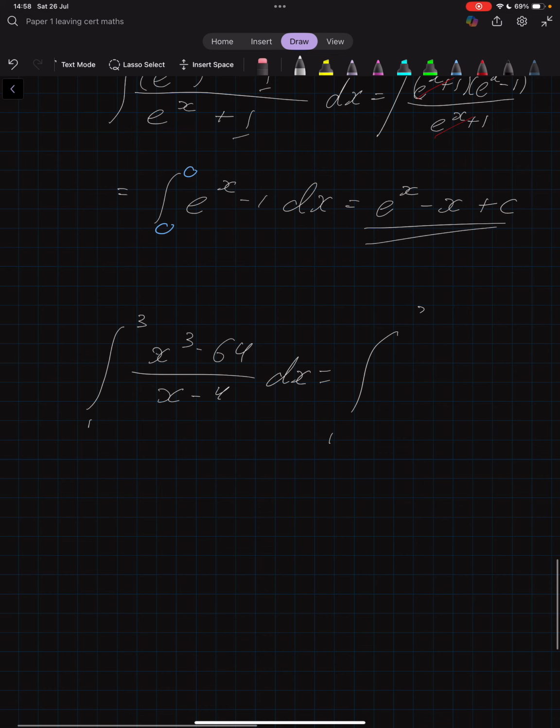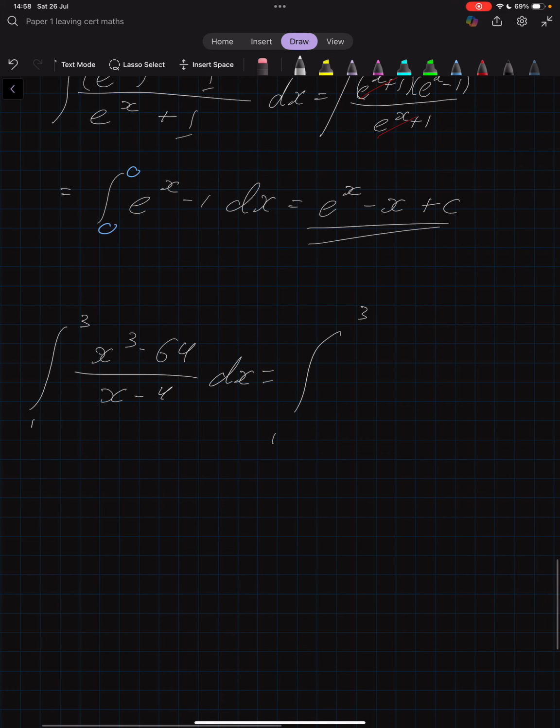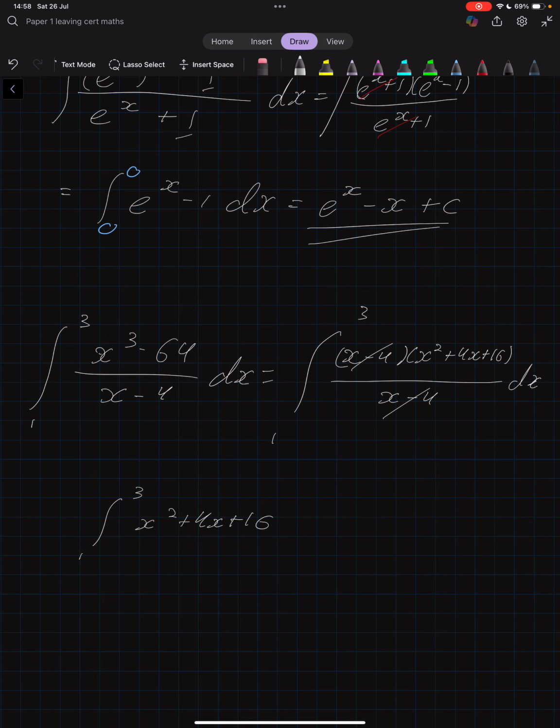So it's the integral from 1 to 3. So the top one is a difference of 2 cubes. So it's going to be x minus 4 times x squared plus 4x plus 16 all over x minus 4 dx. So these two things cancel now. So I'm left with the integral from 1 to 3 of x squared plus 4x plus 16 dx. Now, you put square brackets, or you can put a straight line down.